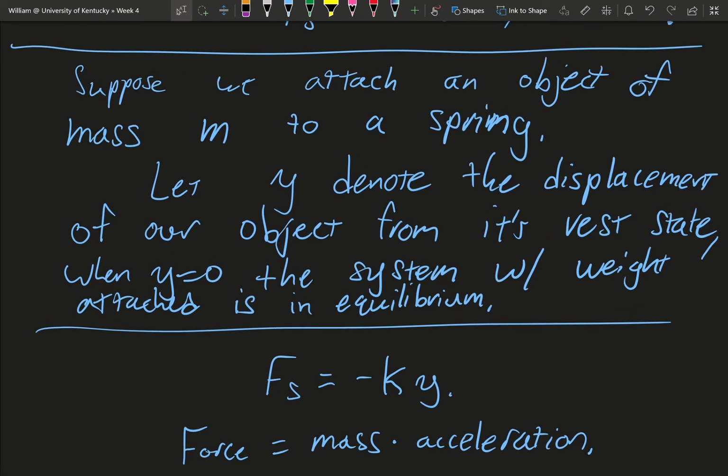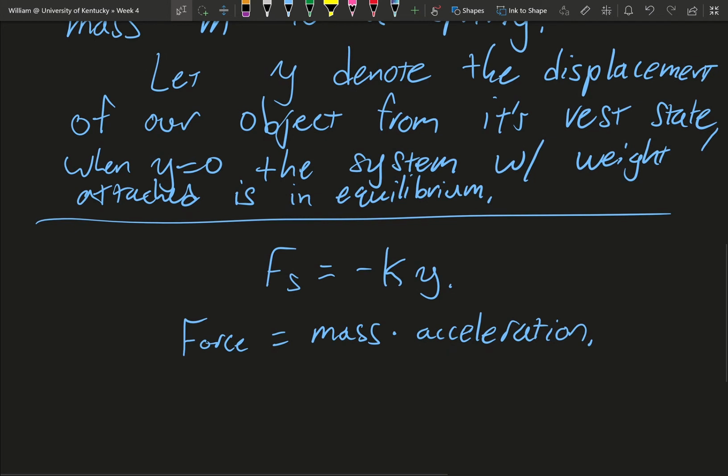We're assuming here that the spring has negligible mass, which we're going to do for all of these problems. So F_s is equal to m, our mass, times our acceleration, which we can measure with the second derivative of displacement.